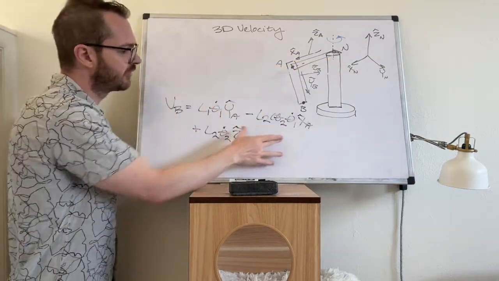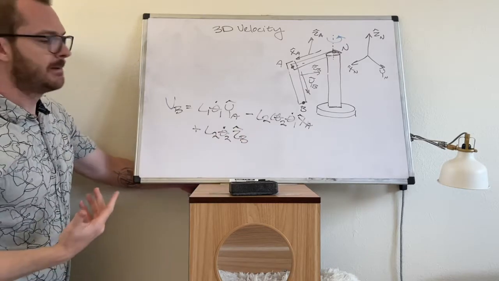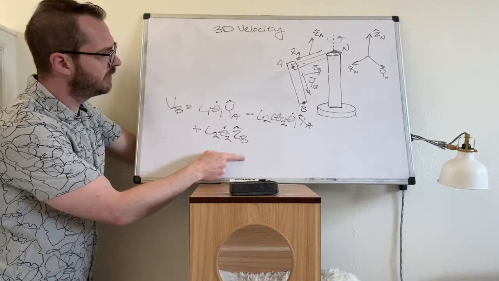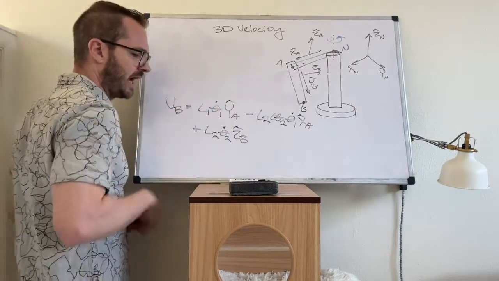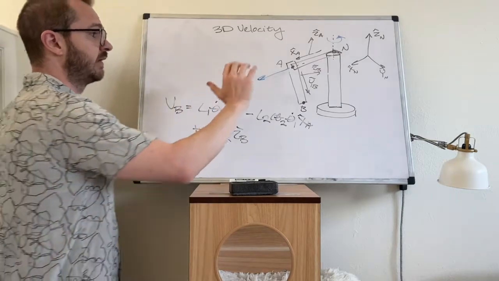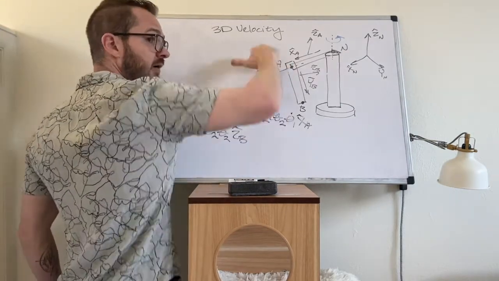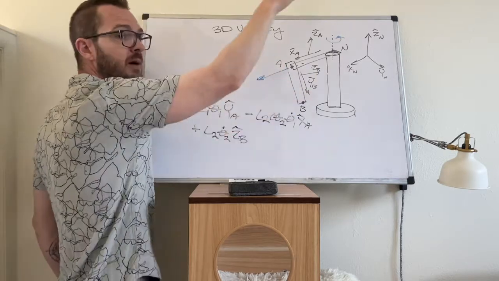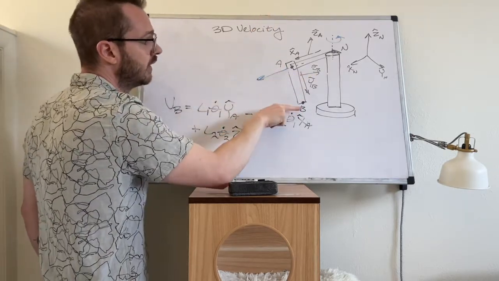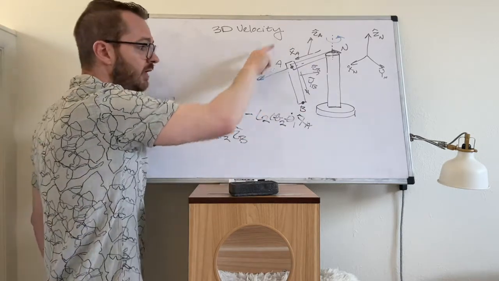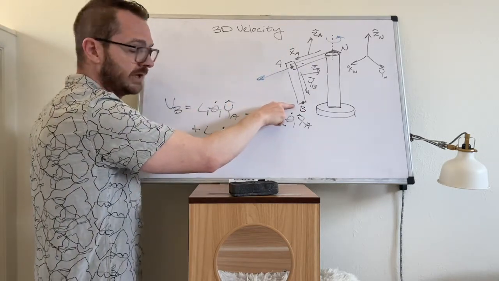These next two terms are interesting. This term looks very familiar, L2 theta 2 dot ZB. If your axis of rotation is like this and you're doing a positive angle, that means you're spinning this way. So the pendulum, the way it's drawn, is currently swinging out, which means that point B is tracking the path of a circle, and the velocity of B is tangent to that path.